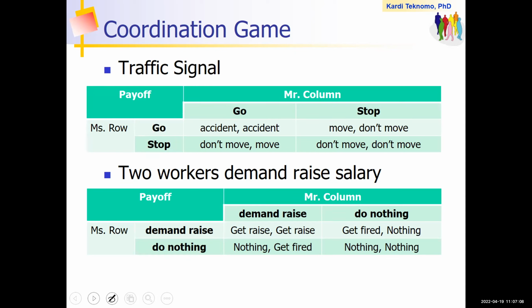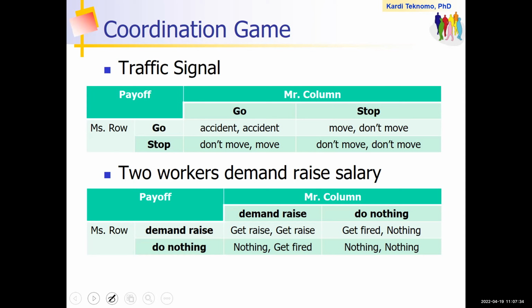And if one stops, the other one goes. So the one that goes will move, and the one that stops doesn't move. If both stop, neither of them moves. So basically, traffic signals at an intersection are a coordination game.